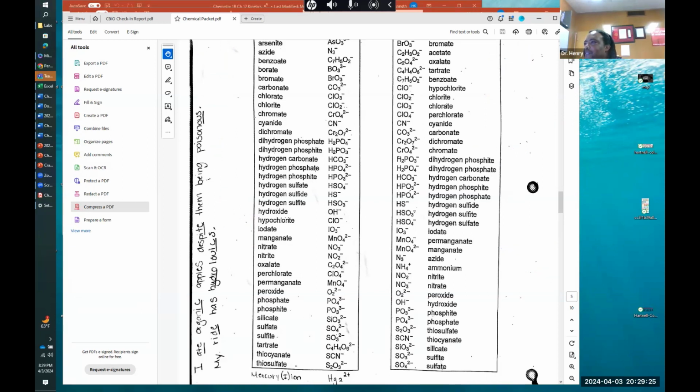So what if I have these two ions? What would be the chemical formula and the chemical name?